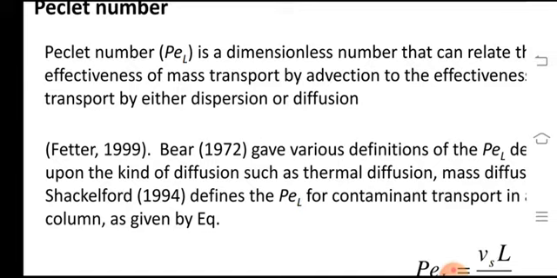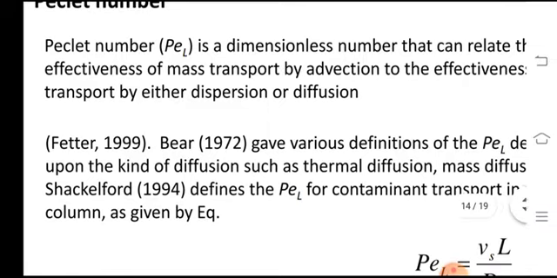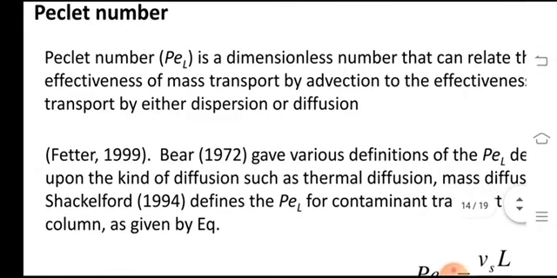As I talked earlier, partitioning is another factor which is important to differentiate the behavior. That partitioning is actually represented through this Peclet number. So a typical Peclet number will define which process is dominating in this particular condition.